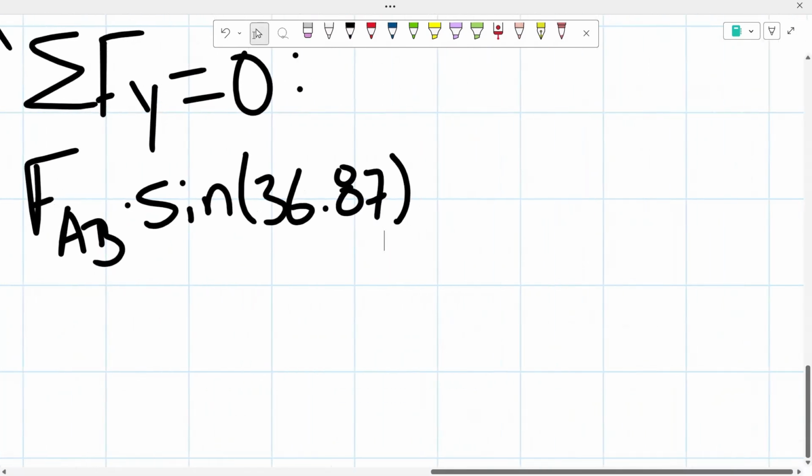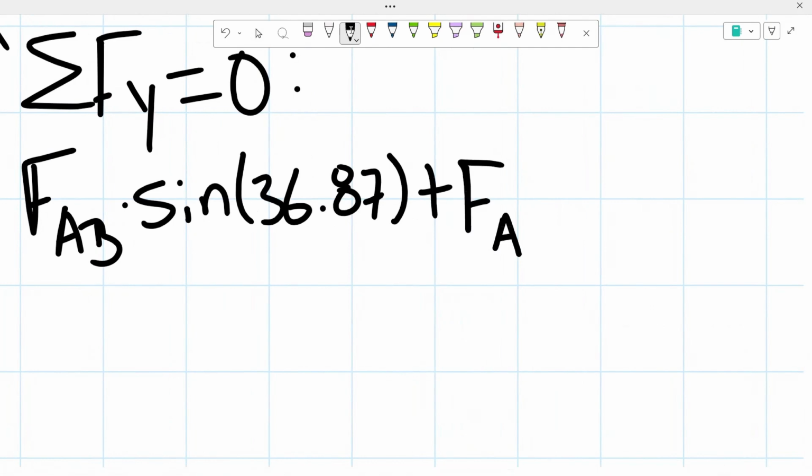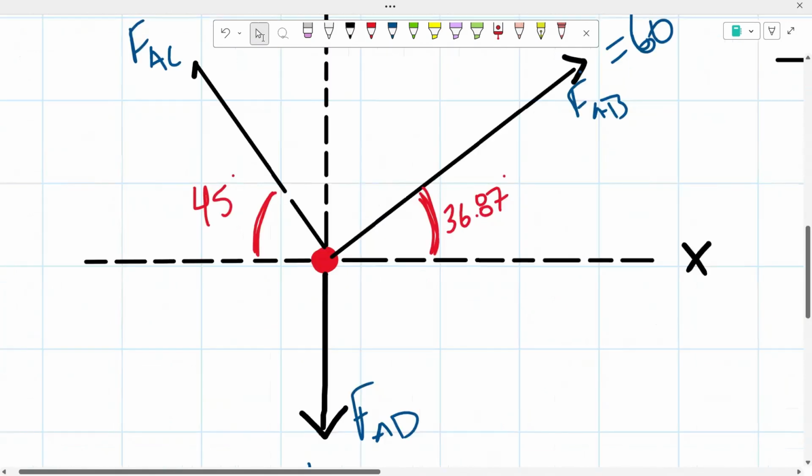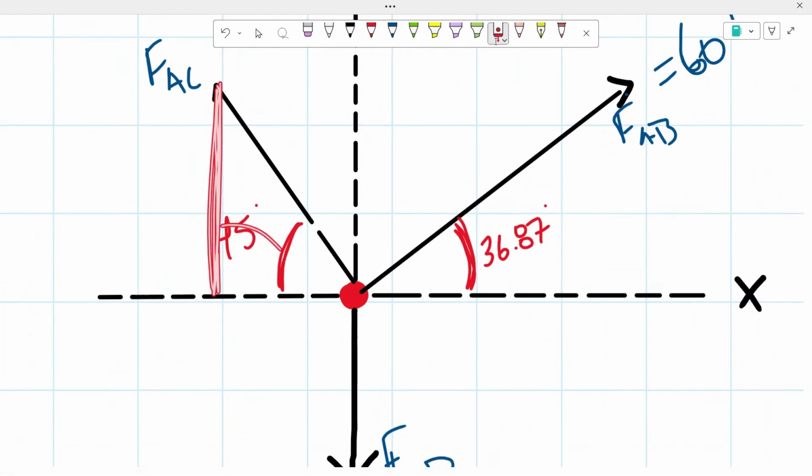And then from there we have our positive force of AC times, and once again, instead of using cosine, we're going to be using sine because now we're trying to find this force of the triangle right here. Once again, that's the opposite side, and we're still working with this hypotenuse side.